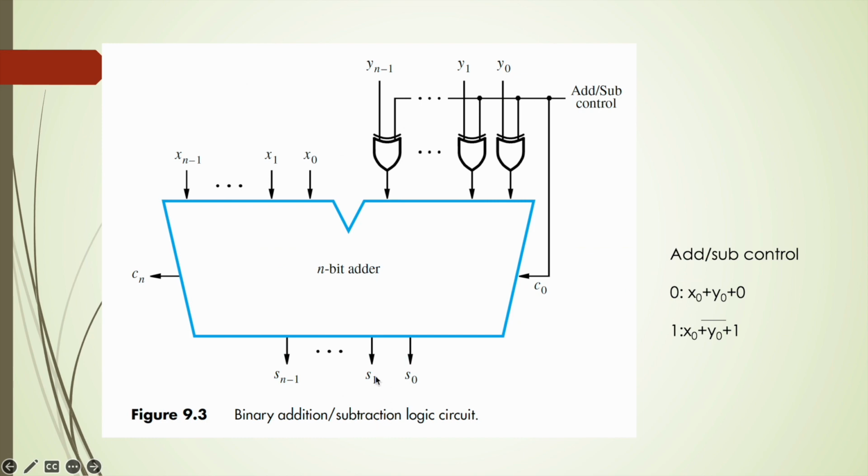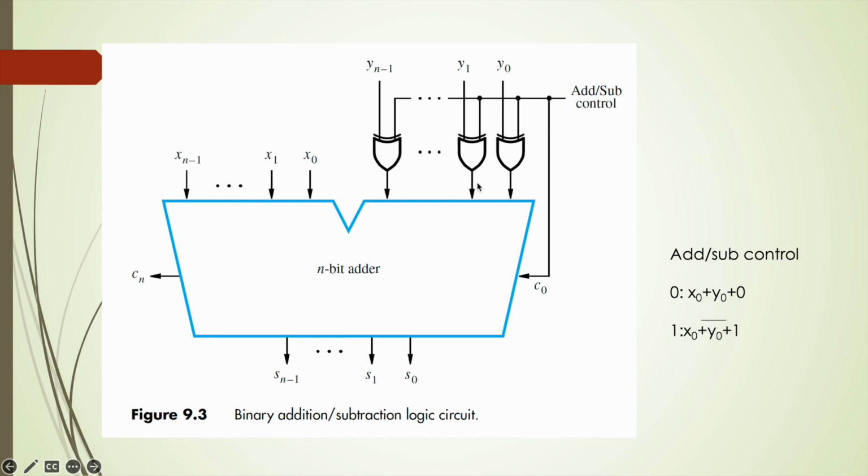So this is a circuit which is capable of doing both addition and subtraction. Generally the computer can perform addition and subtraction in the same way. Here, I need an n-bit adder for adding n bits of X and n bits of Y. This circuit will perform both addition and subtraction.